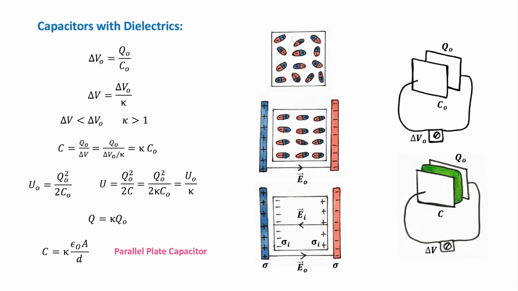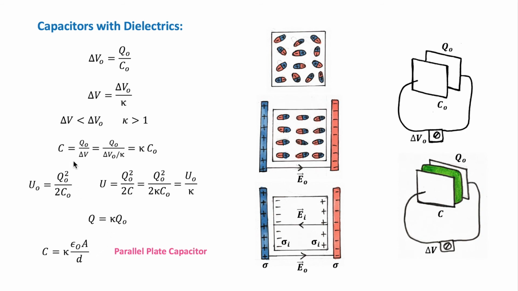If the dielectric is inserted while the capacitor is connected to a battery and held at a certain potential difference, in that case the charge will increase by a factor of K, and this charge is transferred through the wires, and so the capacitance still will increase by a factor of K, okay.